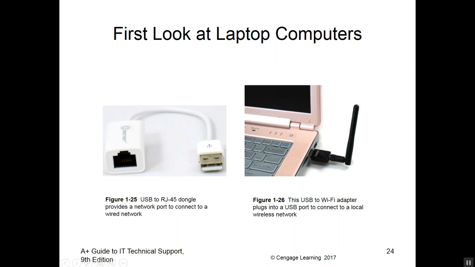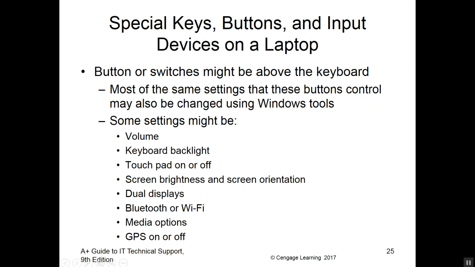If we've got a USB port, we'll just connect this connection to a USB and connect our RJ45 or our network cable to this connection, and now we've got network connectivity. Now, that's if we're hardwired. We've also got the ability to be USB to Wi-Fi, and just by plugging in this little connection, we can have Wi-Fi on our laptop should our Wi-Fi adapter that was built into the unit fail. Same devices can be plugged into a desktop as well.